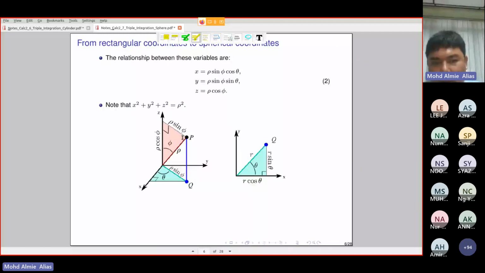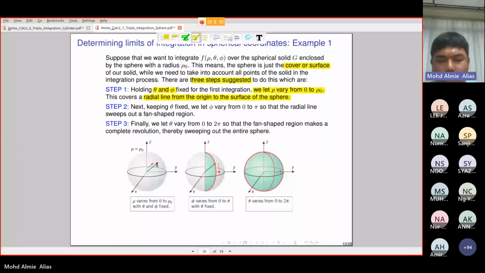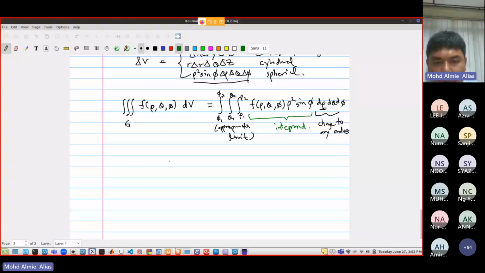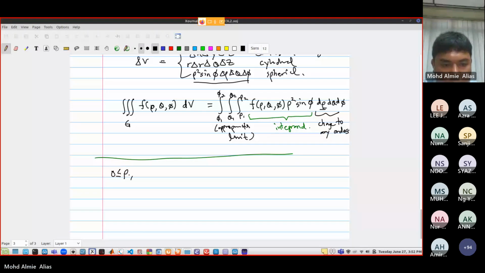So we consider rho from 0 to the end here, which is rho naught. So that's why we have this line. Okay, so now we have rho from 0 to rho naught. Now we want to decide the limits for theta.